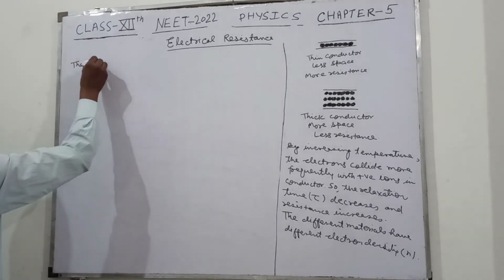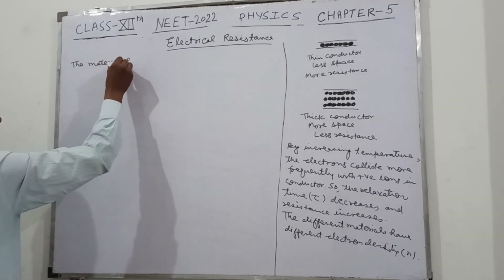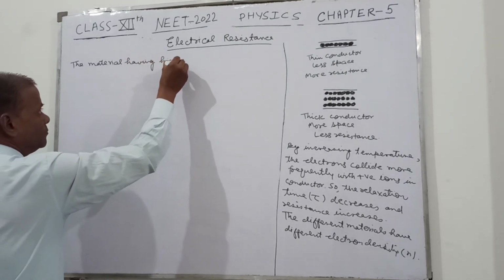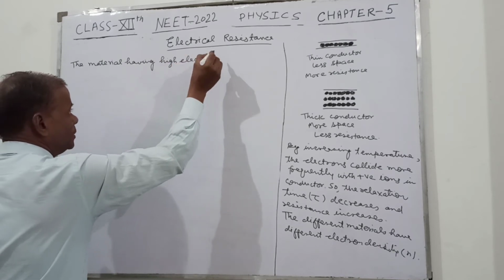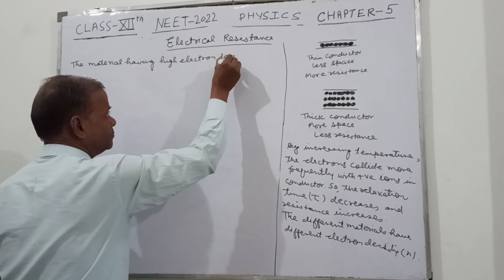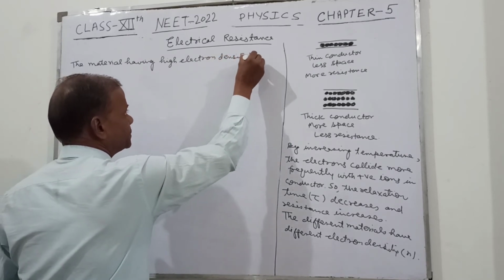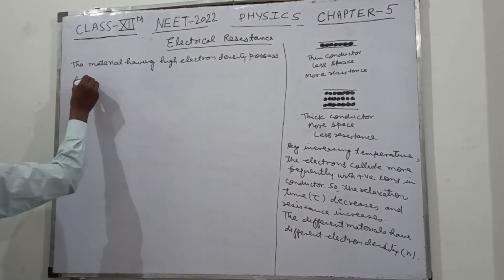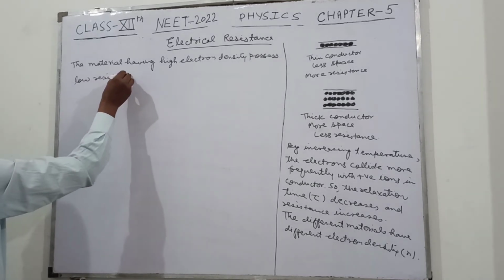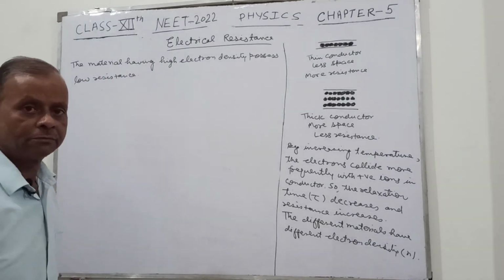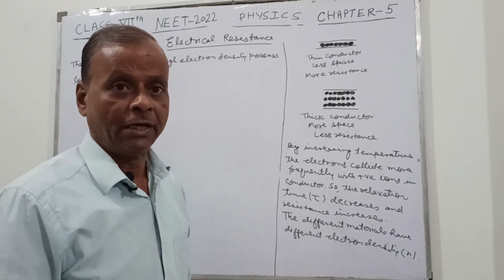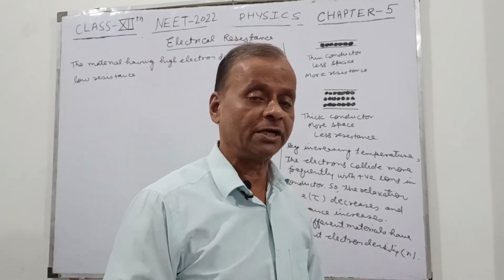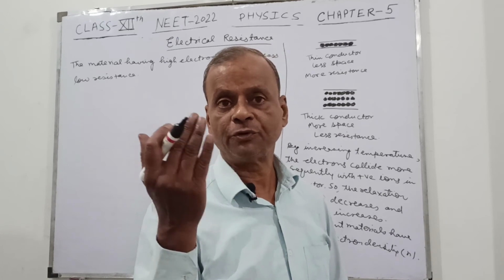The material having high electron density possesses low resistance. इसका उल्टा, जब इसकी इलेक्ट्रॉन डेंसिटी कम होती है तो रेजिस्टेंस बढ़ जाता है अपने आप. तो उसमें जो एक्सप्रेशन है उसमें जो आ रहा है n, R is proportional to 1 upon n.